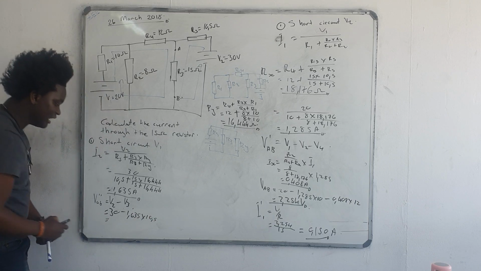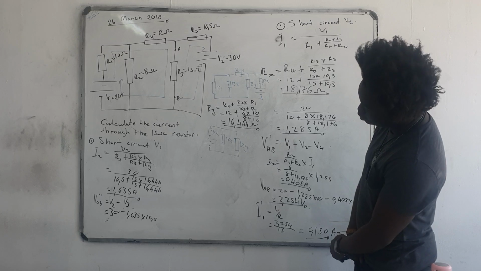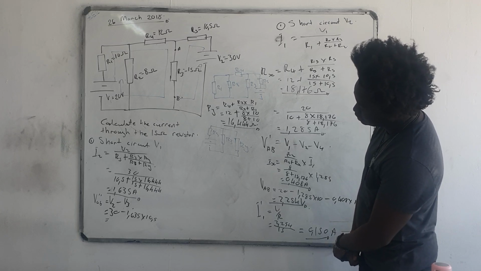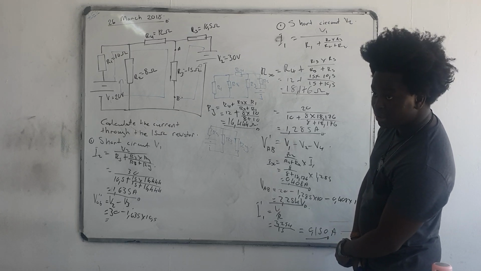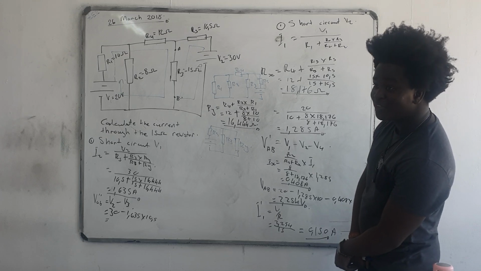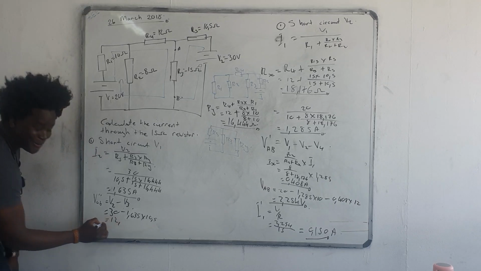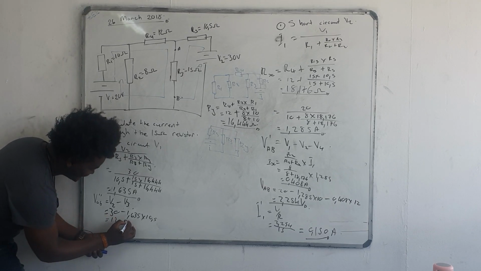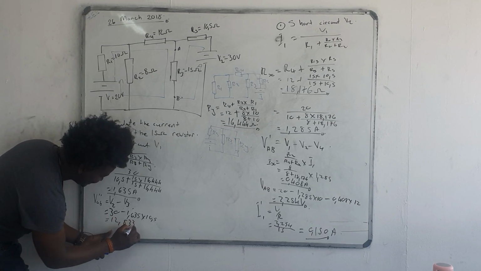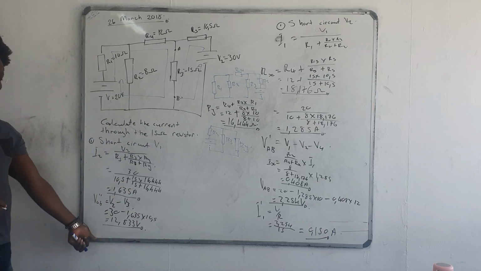My answer should be 12, something. It's 12,8325 volts. Now this is the voltage that is flowing there.